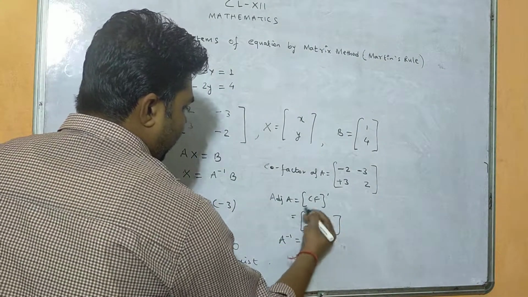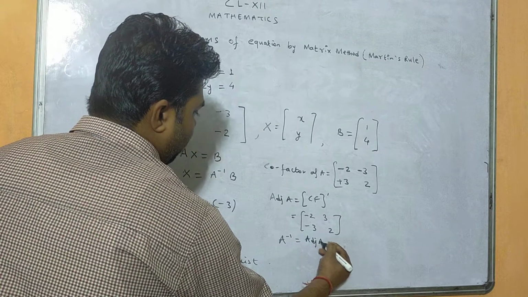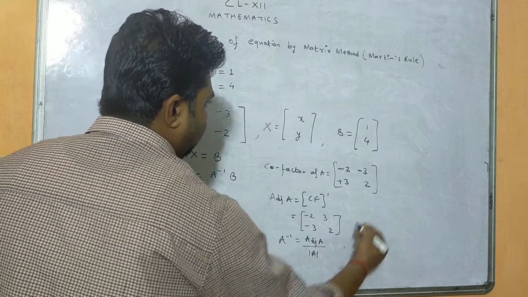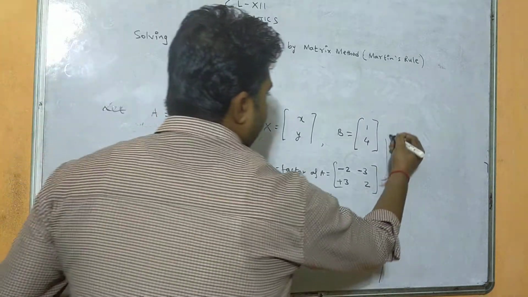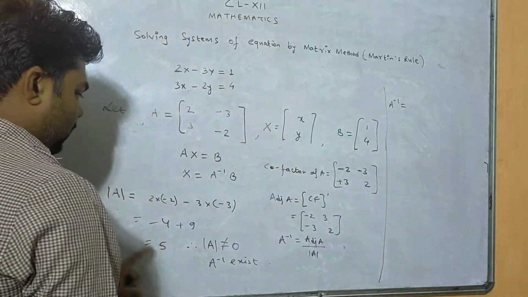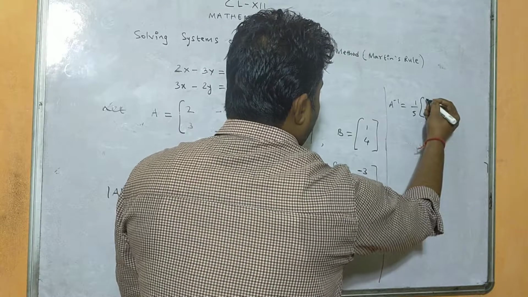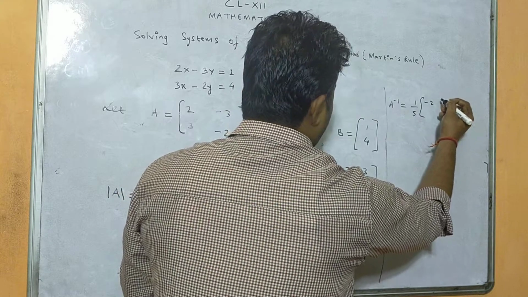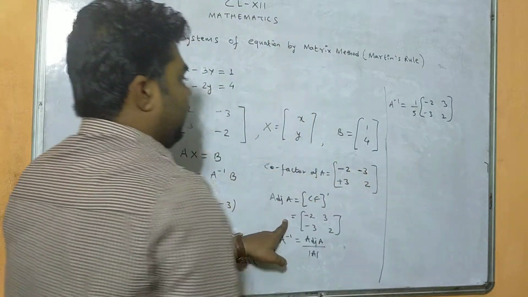Adjoint A divided by det A. So A inverse will be 1 by 5 times minus 2, 3, minus 3, 2. So this is our A inverse.